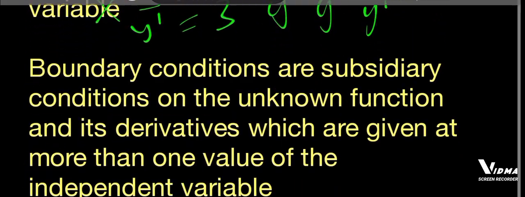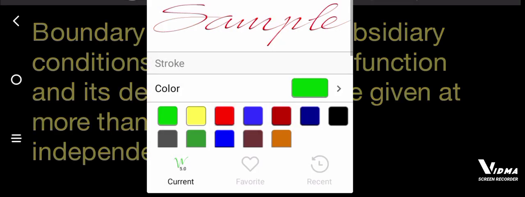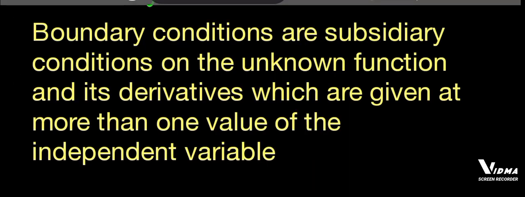And the second one is boundary condition. And this one, the only difference is that it is given at more than one value of the independent variable. So the first one I had, y at 0 equal to 2. So for this, it is given at more than one value of the independent variable.